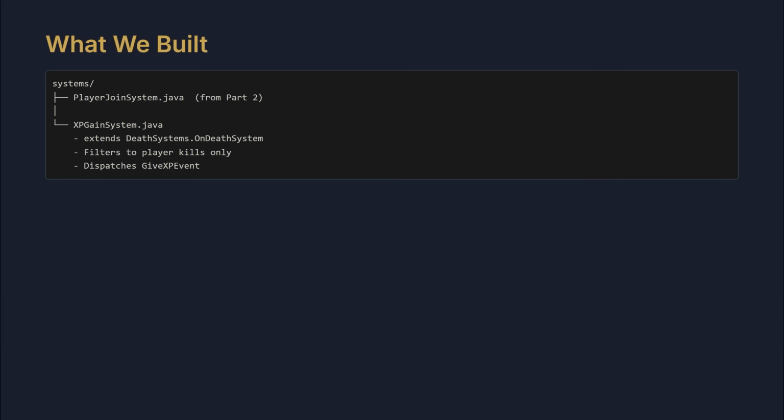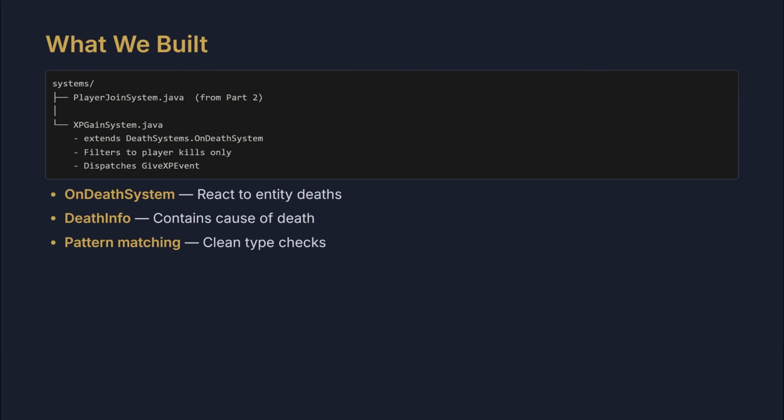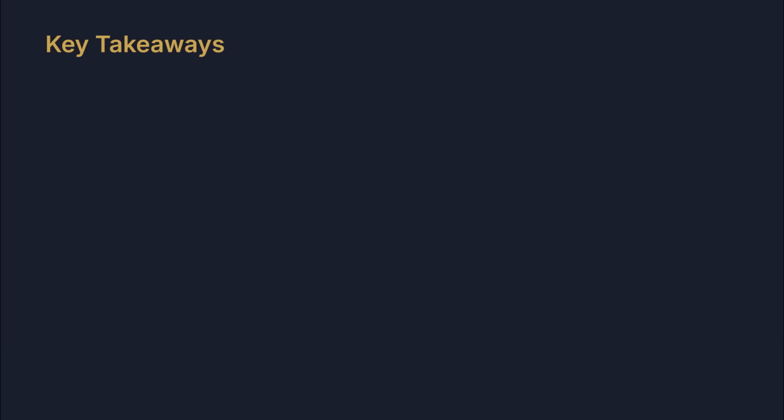So, what we've built so far: we have a player join system, and we have the XP gain system. We have our on-death system, we have death info or damage, we have pattern matching, and we have early returns because we validate before proceeding, and we do event dispatching. The on-death system, and I know I'm getting a bit repetitive here in the slides, is for death events.